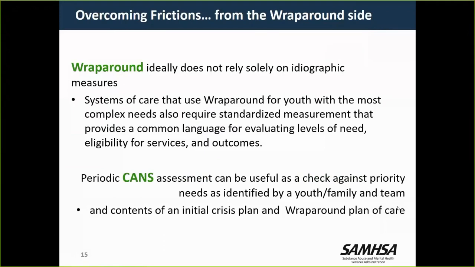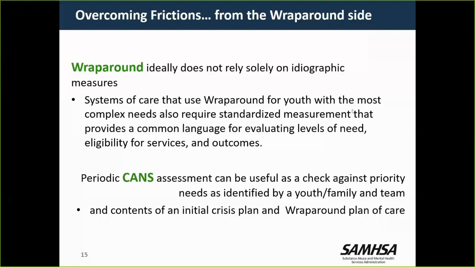So just as John was saying that the CANS is a closet organizer and that the completion of CANS as a tool is not recommended, we're also recognizing that wraparound, although we do rely primarily on need statements in the family's words that represent one or two priority needs that the team is going to work on together, at the same time, there's plenty of room for standardized assessments.